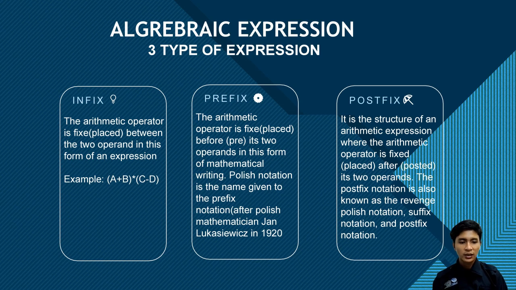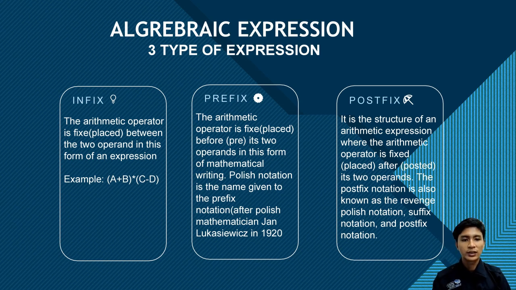Next, the postfix is the structure of an arithmetic expression where the arithmetic operator is placed after the operands. The postfix notation is also known as reverse Polish notation and suffix notation.